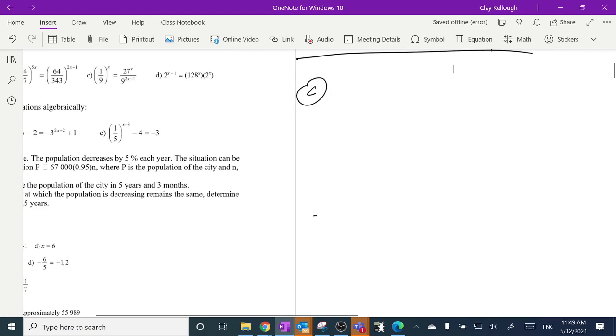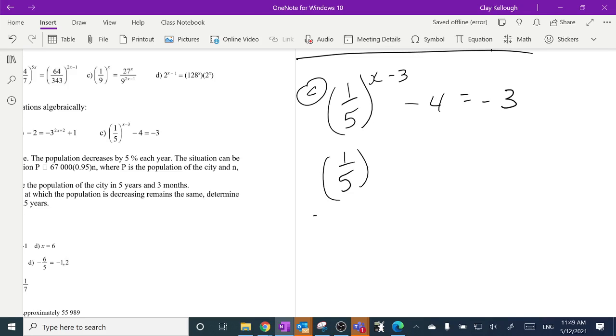All right, we have (1/5) to the power of x minus 3, minus 4 is equal to negative 3. So this thing here has to be 1, right? 1 minus 4 is negative 3. So why don't I just say that this has to equal 1? And now from there, what do you know about anything to the power, or what's the rule?